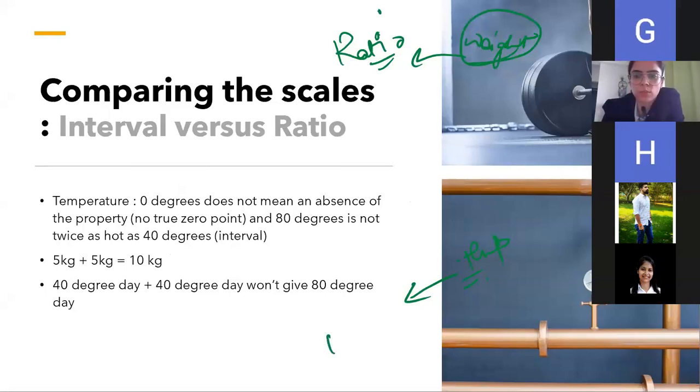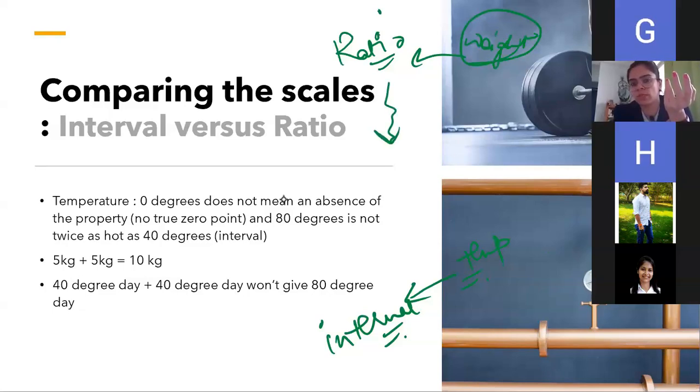Temperature is interval. So what is the difference between interval and ratio here? What is the difference between ratio and interval scale? True zero. There is a true zero in ratio, but there is no true zero in interval.